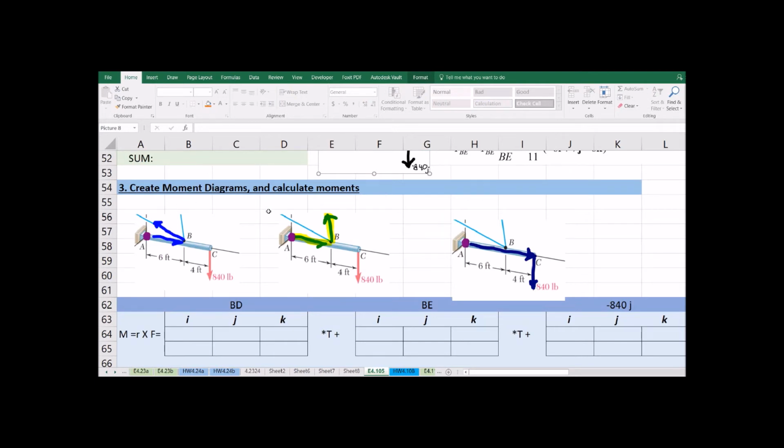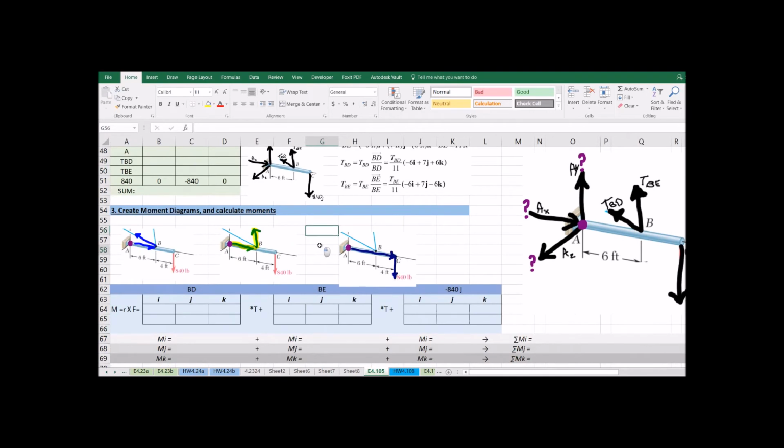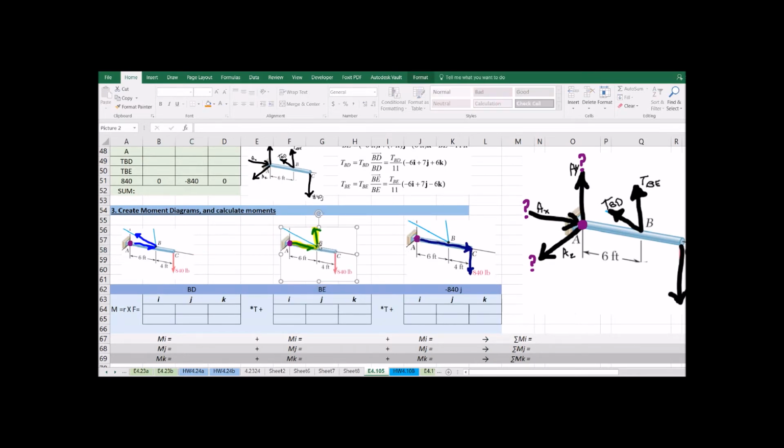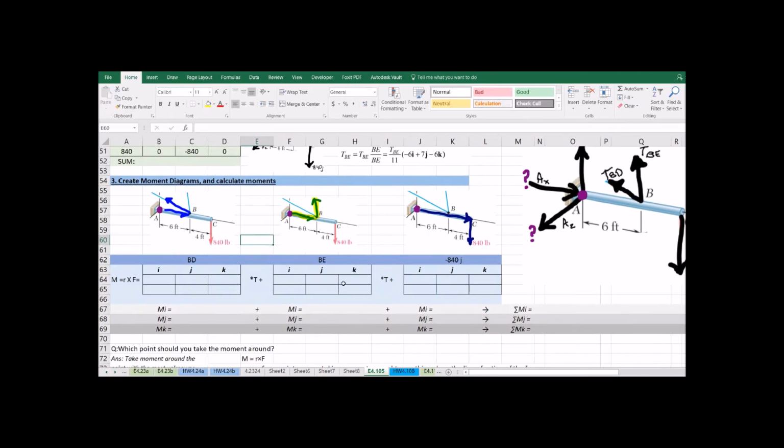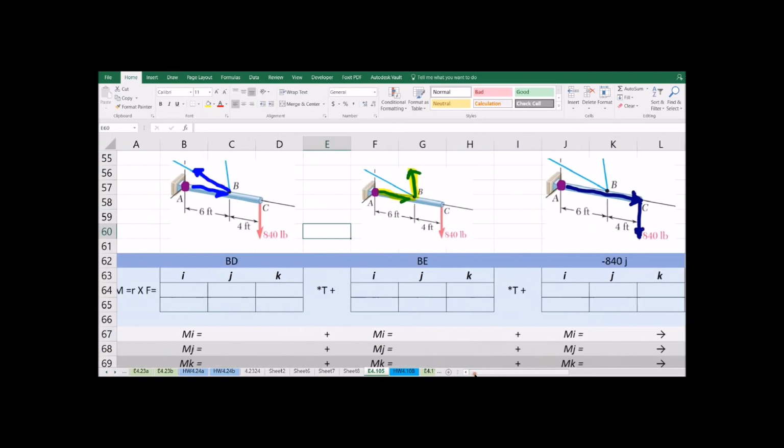That eliminates all the unknowns, AX, AY, AZ are not going into this moment equation. And we've got 3 cross products to crank through here. Okay, so we have from A to the 840 pounds at the end, from A to the tensions at B. Let's go ahead and fill in the position vectors here.